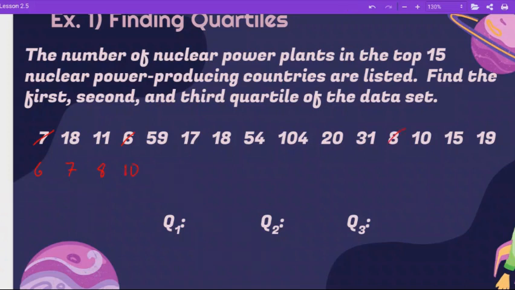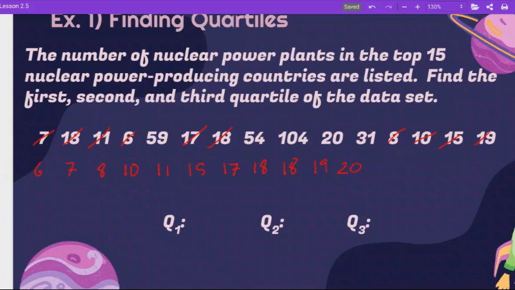Then we have 10. Looks like we have 11, 15, 17. So 15, 17. I'm going to take off 11. We have 2 18s. We have a 19.